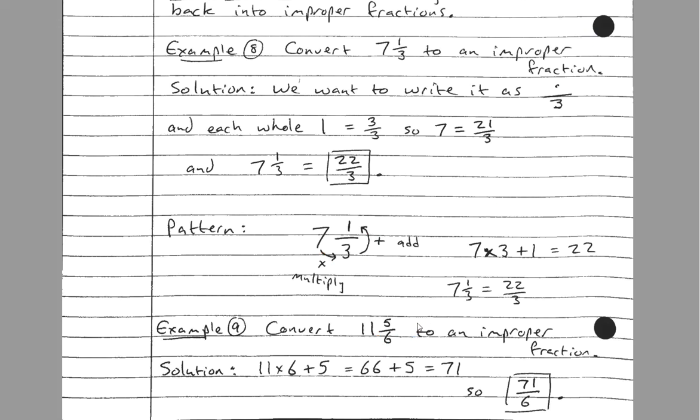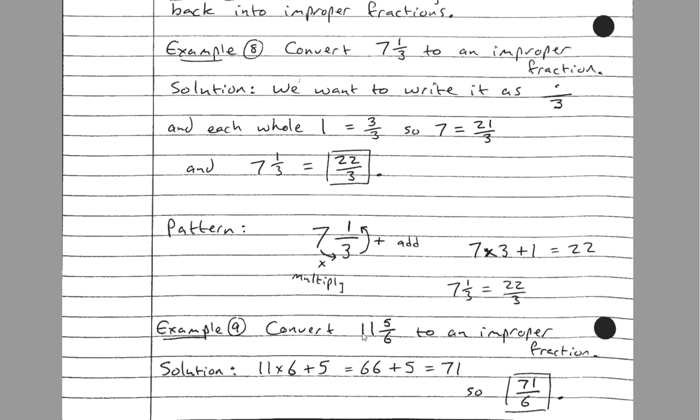This is multiplication, this is an addition. So it's 11 times 6 plus 5. That's 66 plus 5, 71. So we need 71/6. That's the answer, and again, it makes sense.